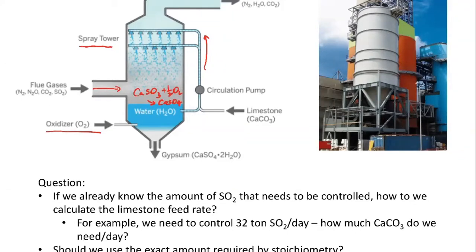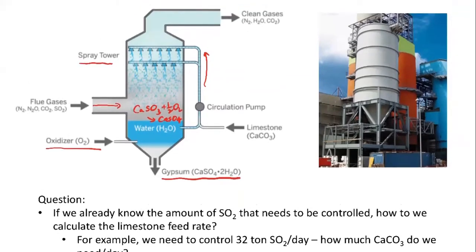And then we can further compress it, dry it, and form the gypsum, which is a raw material for construction, right? So this is how we basically control these sulfur dioxide or other acidic gases, right?